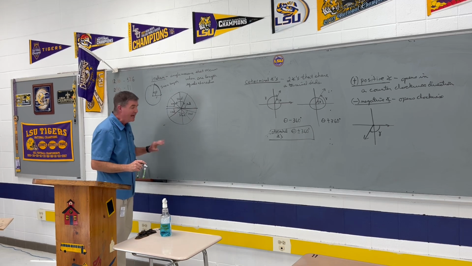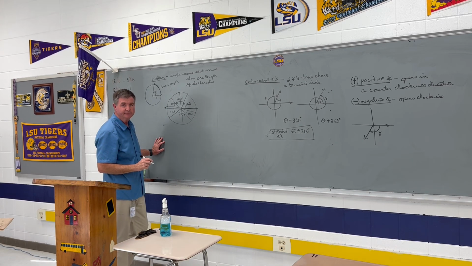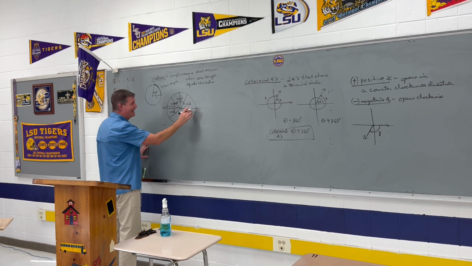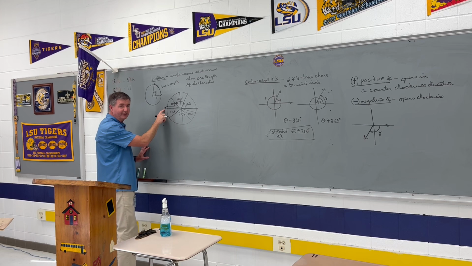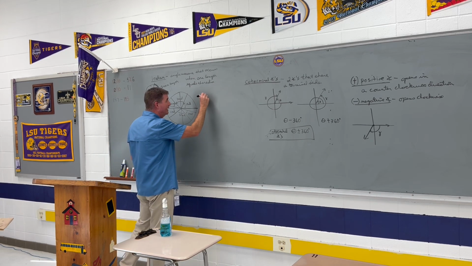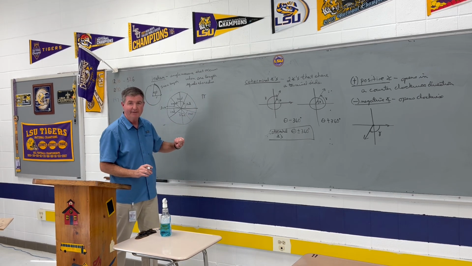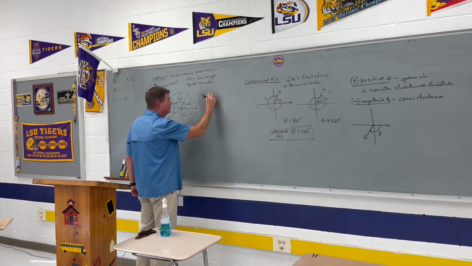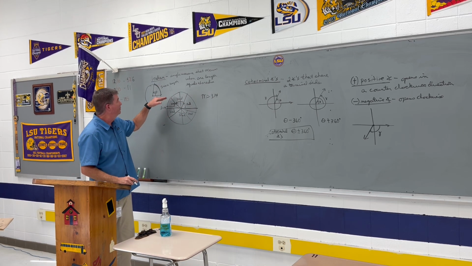This gap is actually 0.14 of a radian, which means that a half of a circle is 3.14 radians, otherwise known as pi. So when we deal with radians, we're going to have pi in our answer. So pi being 3.14 is derived from the radian.